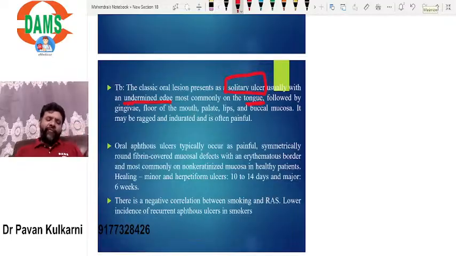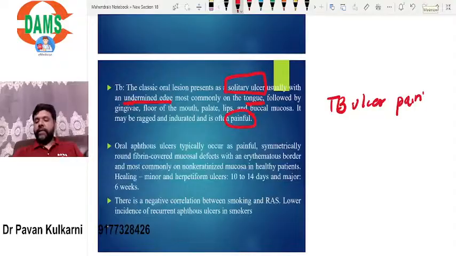It is often painful. Please remember, this is very important. TB ulcer is an extremely painful ulcer. Okay, that is what we are supposed to remember about tuberculosis ulcers. Now, oral aphthous ulcers are also very painful.